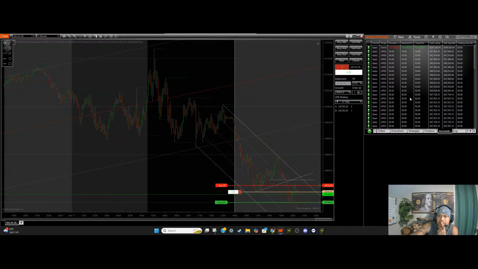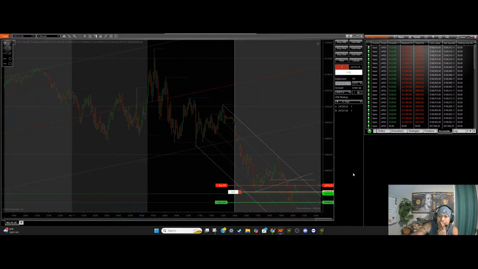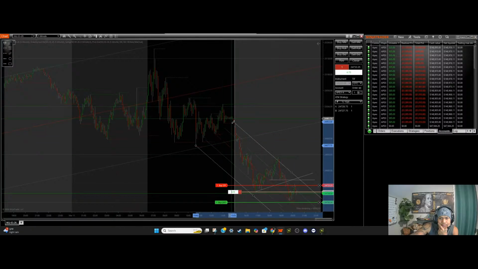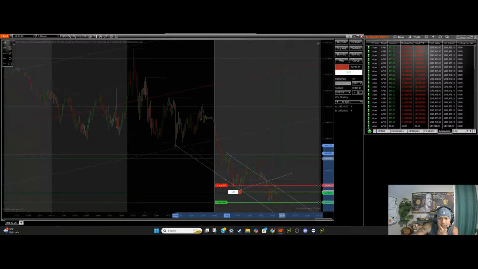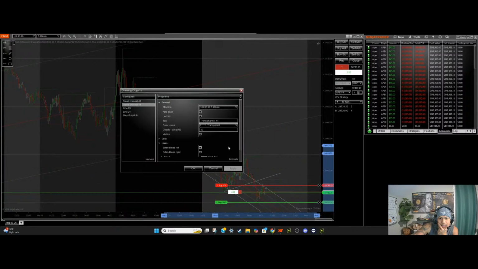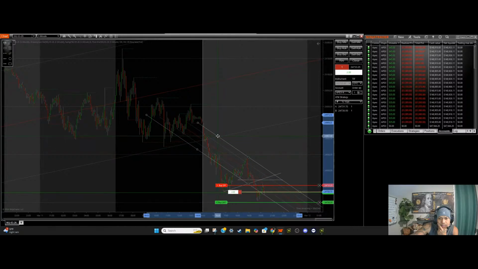We might get some profits here. Thinking about adding more. Hmm. Will it be this pivot point? Let's see.